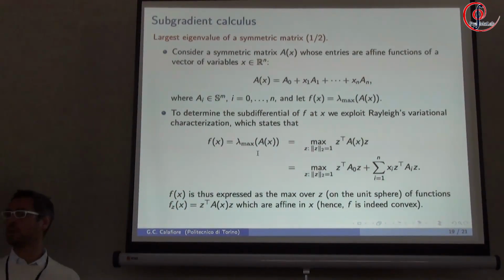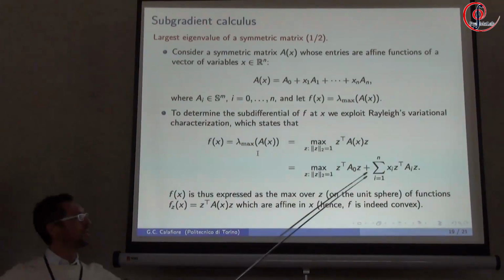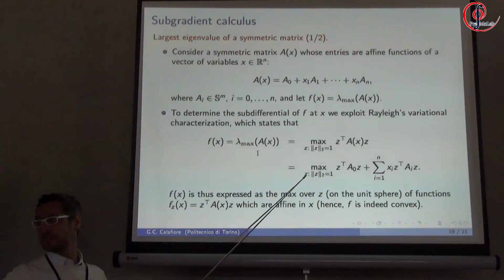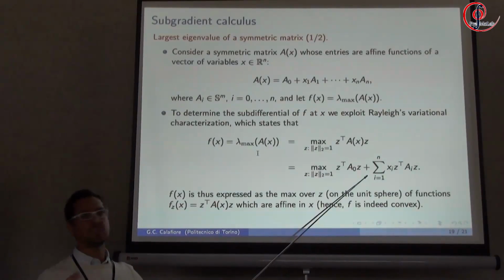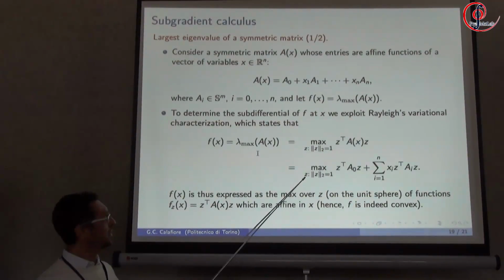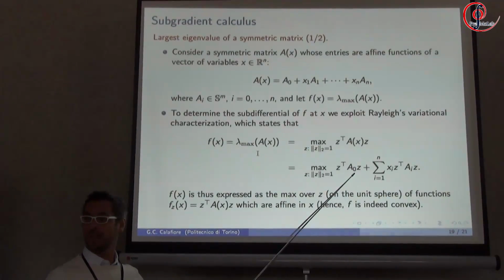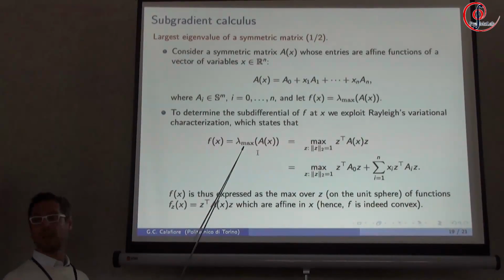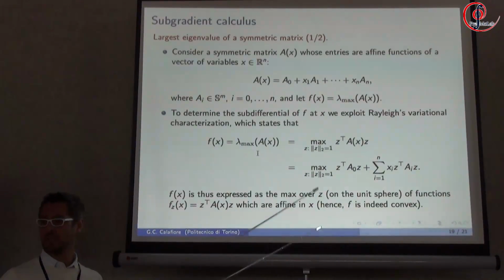So the first thing we conclude from this representation is that for each fixed z, this is just a linear function of the variables x. A linear function is convex. Then we take the maximum of linear, hence convex, functions. So the first conclusion is that this strange function, the lambda max, is convex. It is convex because it is the maximum of convex functions.